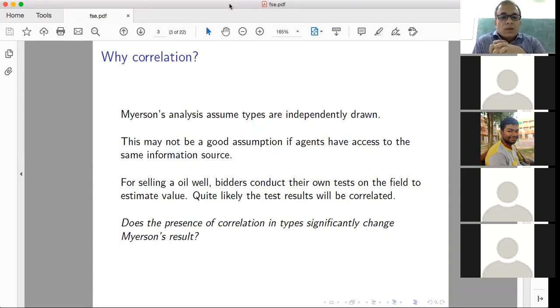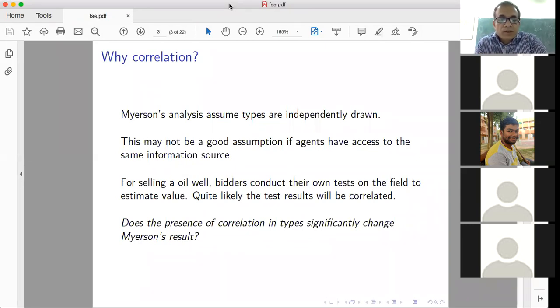So it's not clear how one can design an optimal auction if types are correlated. And of course, correlated types is maybe an appropriate assumption in various settings.